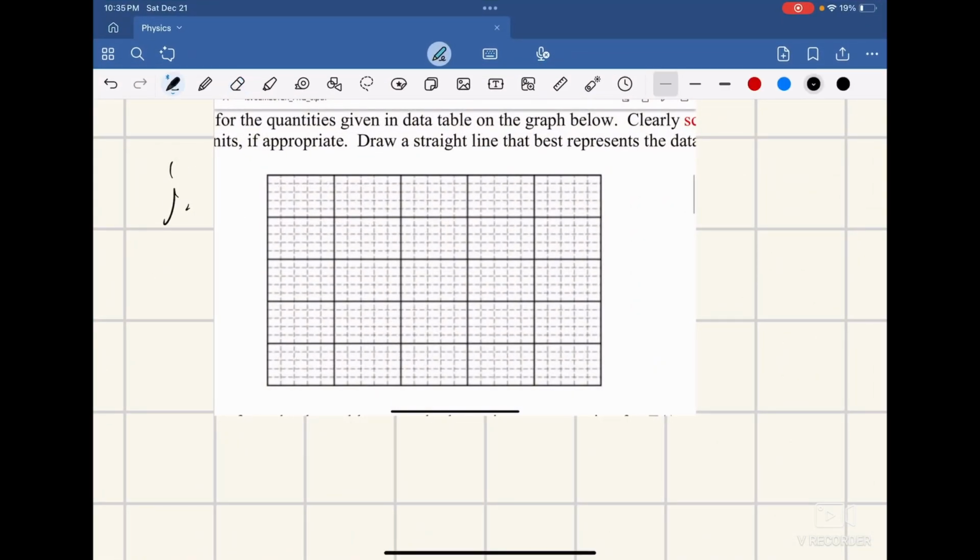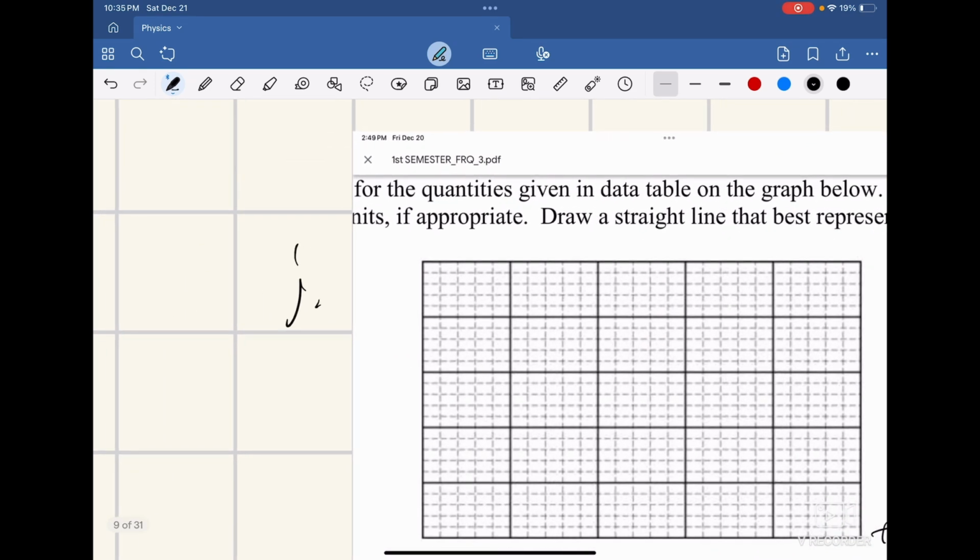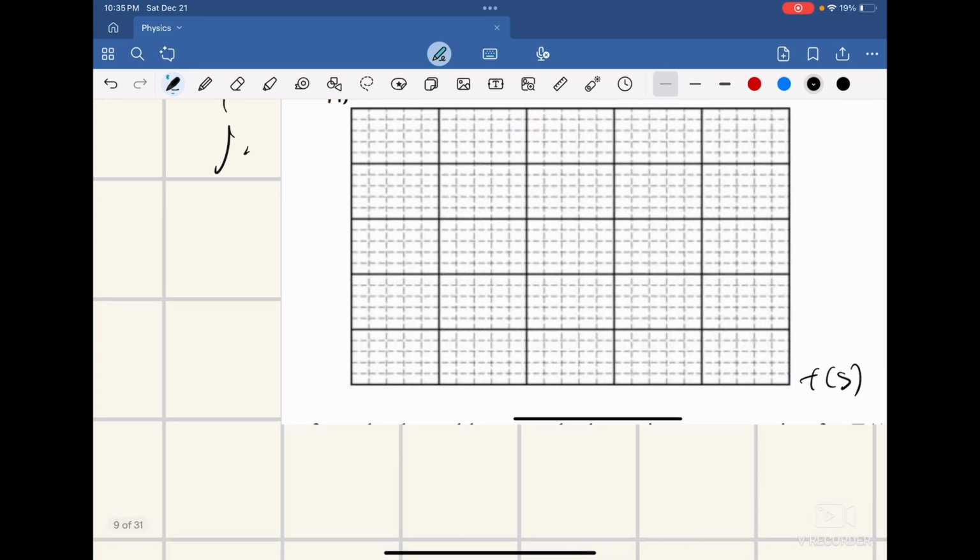Alright, for part K, it asks us to sketch the position versus time graph. As we said earlier, the x-axis is time, with the unit s for seconds, and x has units m, because the position is dependent on the time.